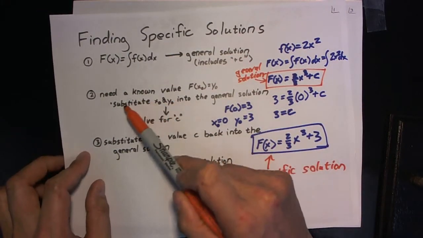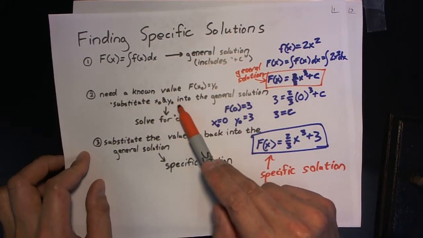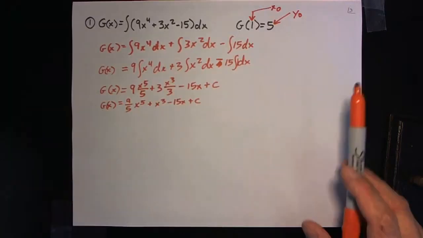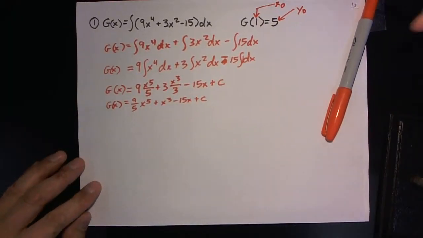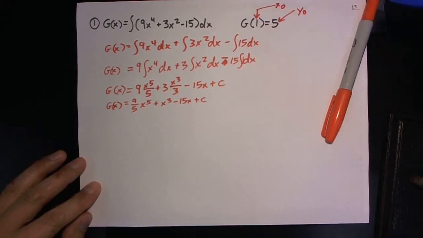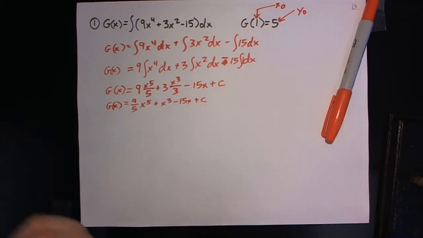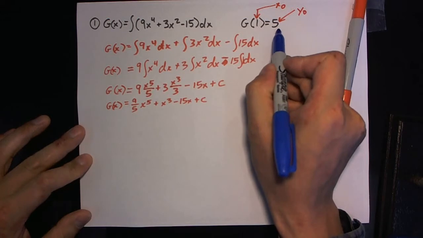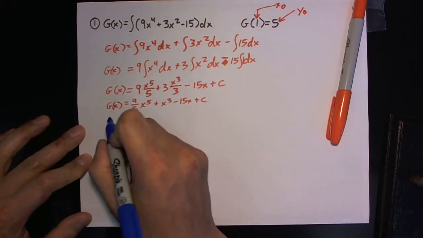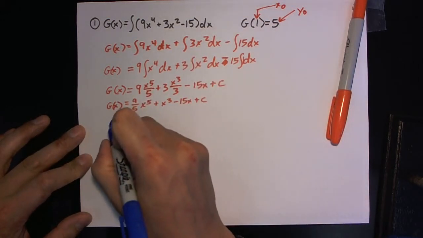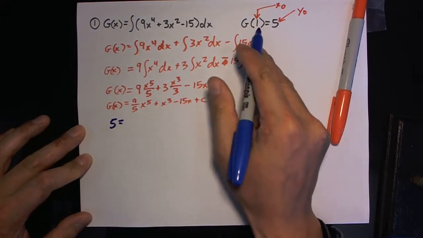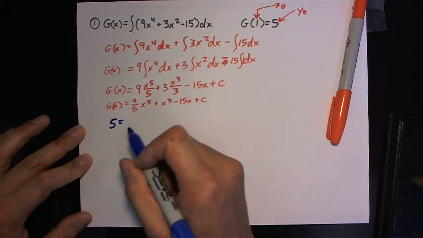Step 2, substitute our x0 and y0 into the general solution. So, here's our known x0 and y0 up here. We're going to take the value of 5, and that's going to be g of x. That's going to equal, okay, wherever we see an x, we drop a 1 in there.